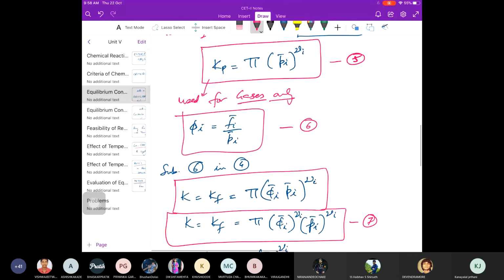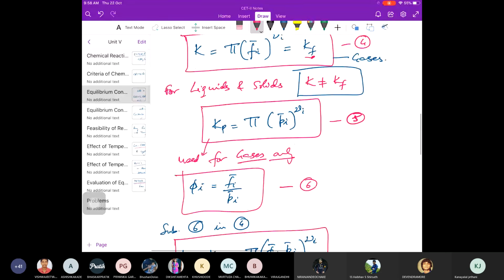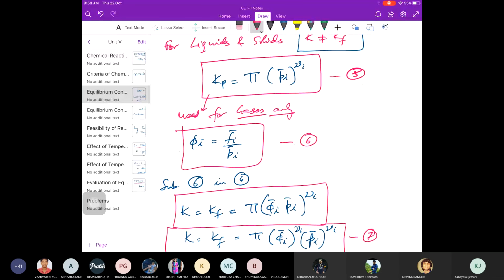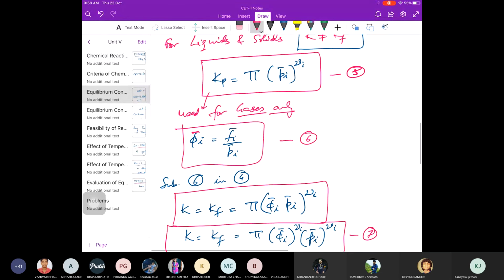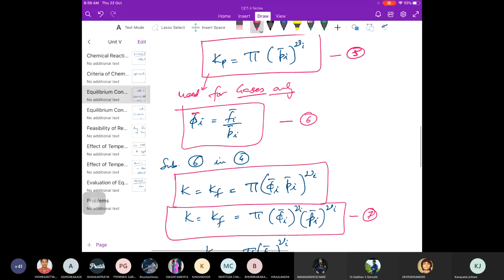So substitute equation 6 in equation 4, this one, f equal to phi into p bar. What you get is K equal to Kf, over equation 4, equal to pi of phi_i bar into p_i bar raised to the power of nu_i. Or we can separate it as K equal to Kf, pi of phi_i bar raised to the power of nu_i, into pi of p_i bar raised to the power of nu_i.